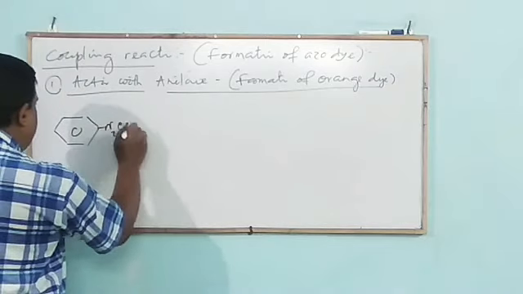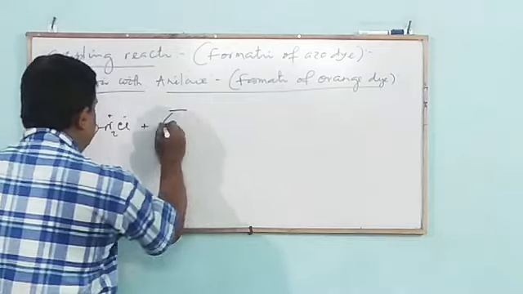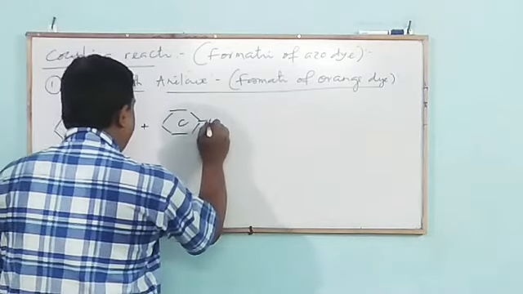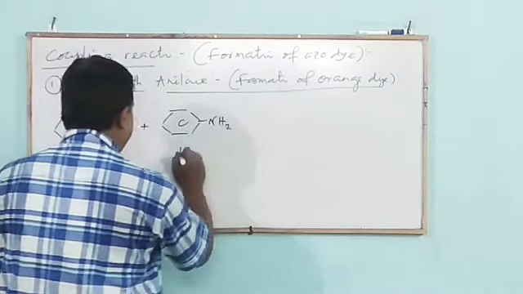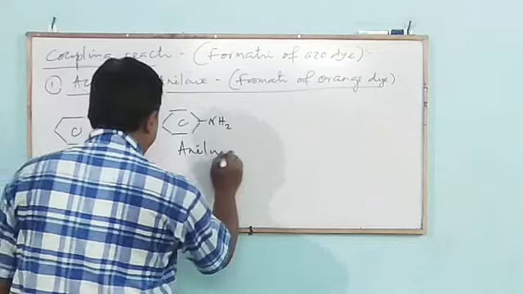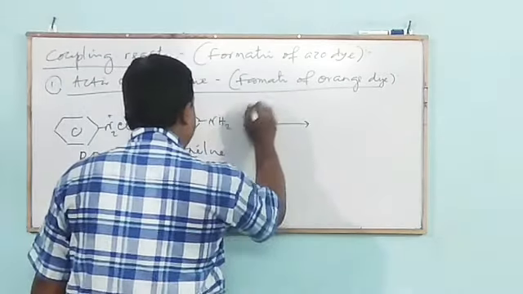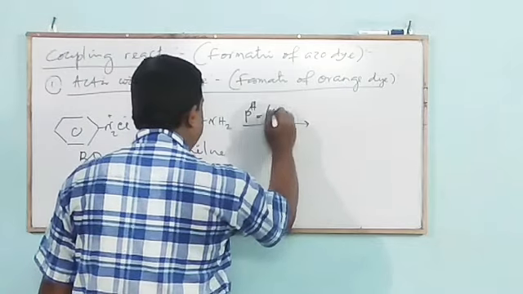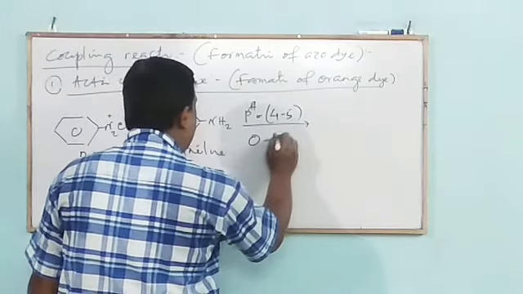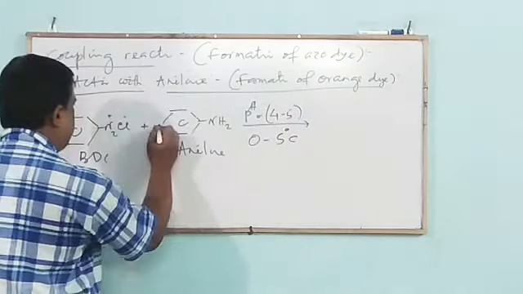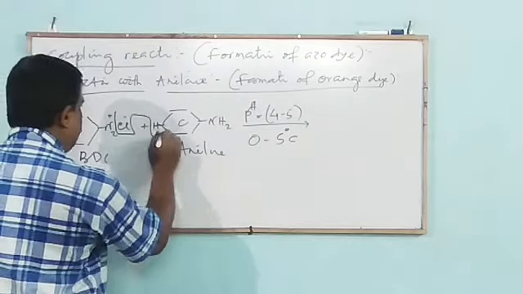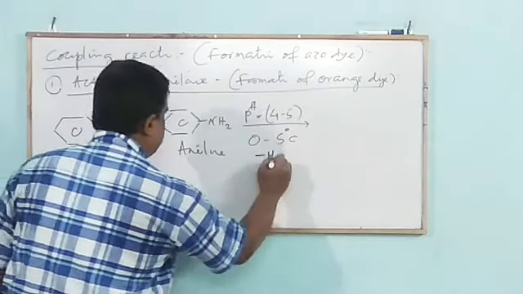When benzene diazonium chloride is treated with aniline in slightly acidic medium, that is pH 4 to 5, at ice cold temperature. Mark that, here H combines, minus HCl.